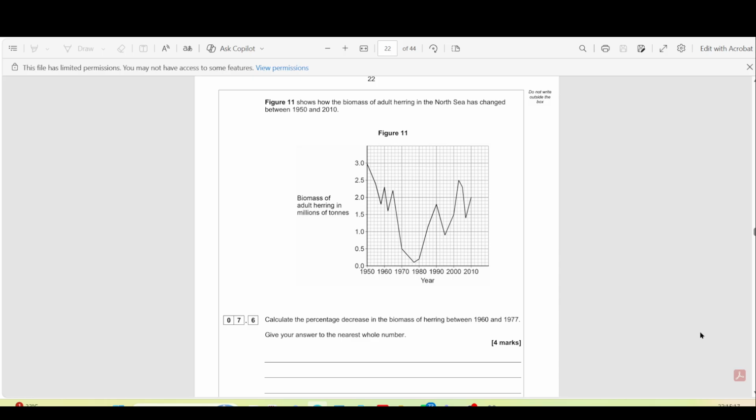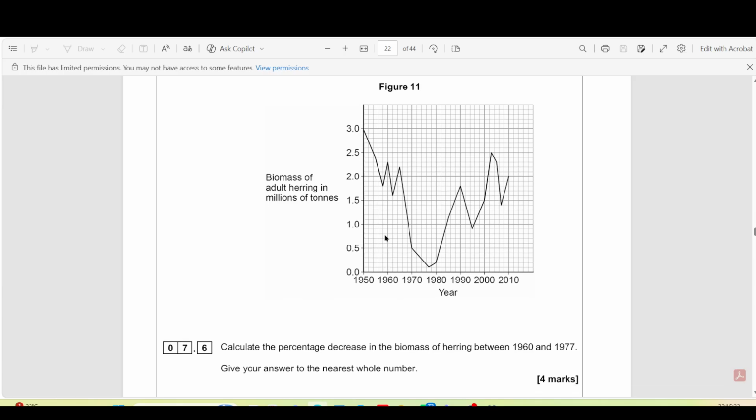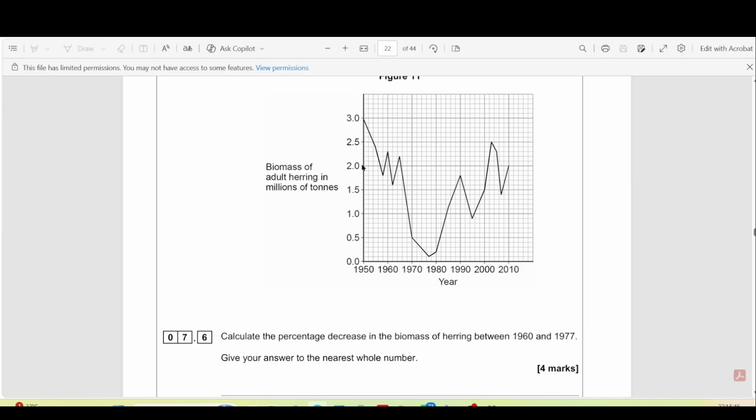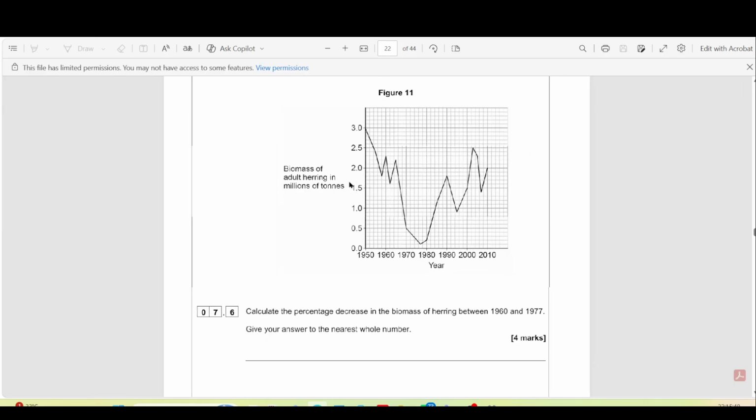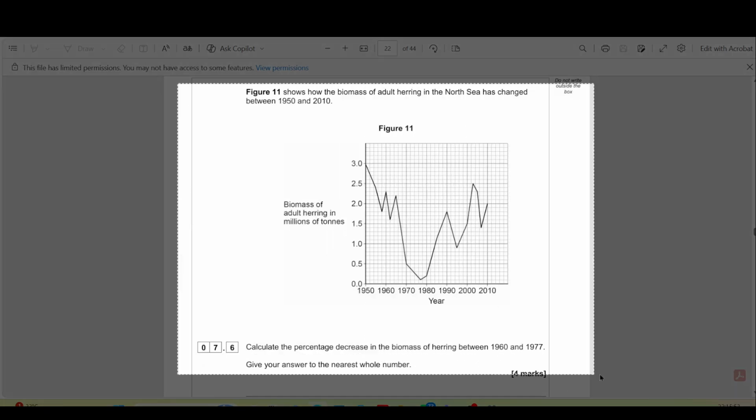Figure 11 shows how the biomass of adult herring in the North Sea has changed between 1950 and 2010. Calculate the percentage decrease in the biomass of herring between 1960 and 1977. So in 1960, the biomass is 2.3 million.